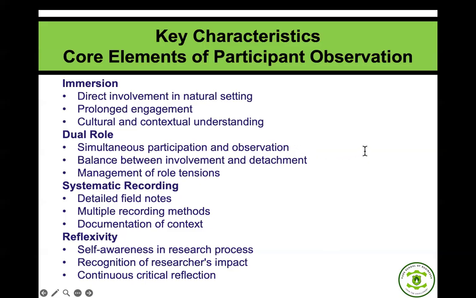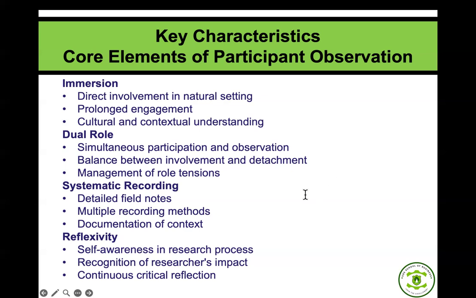When conducting participant observation, you must fully embed yourself in the natural setting. You must be part of it. And this is not about being a casual visitor. Your goal must be a very prolonged engagement. Maybe you may spend weeks, months, and sometimes years. And when you spend this time, it will help you to truly grasp the cultural context.